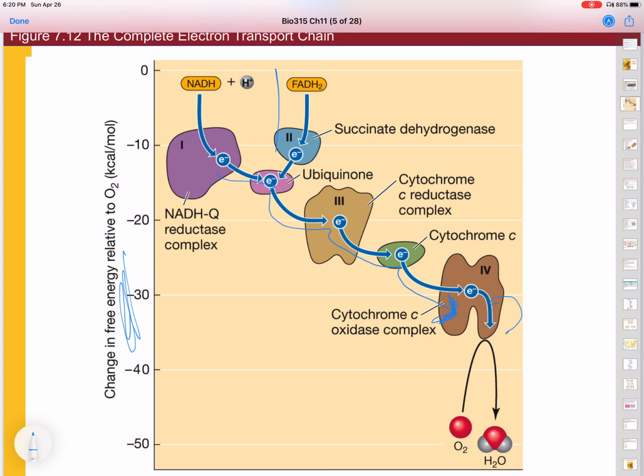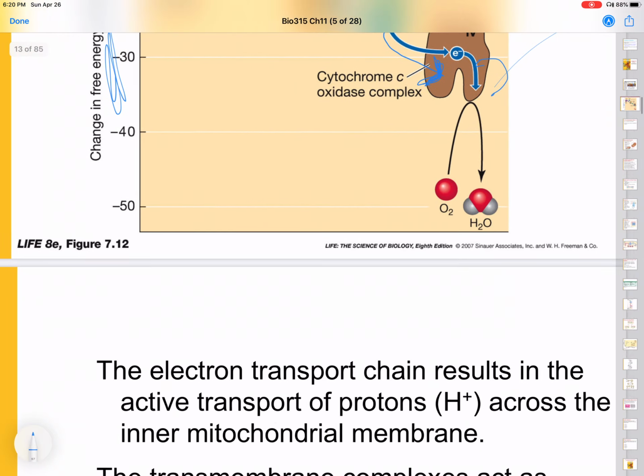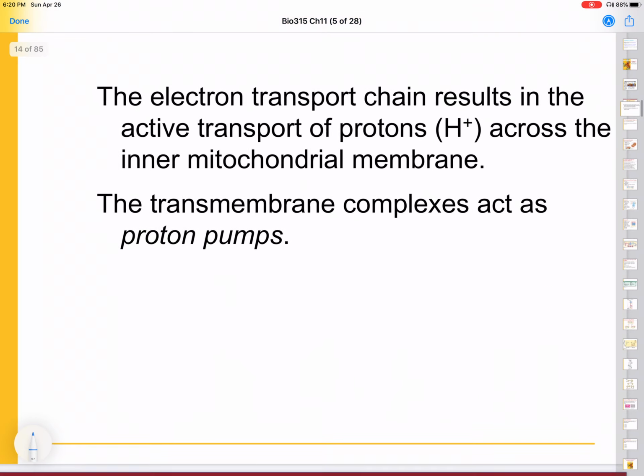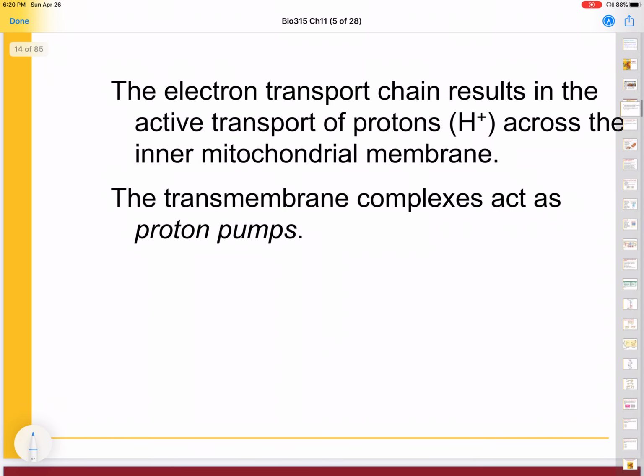They don't have the energy to pump protons anymore, but they pick up oxygen and get reduced. Because the pumps are using energy to drive something against the concentration gradient, this is an example of active transport, and we call those pumps. In this case, since they're pumping protons, we call them proton pumps.